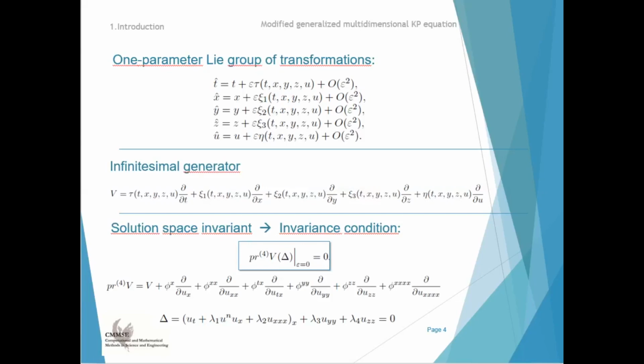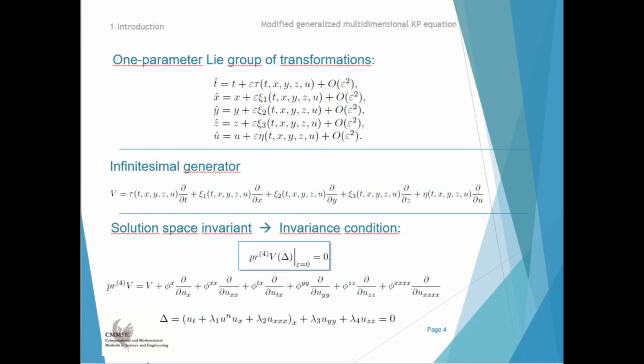We consider a one-parameter Lie group of infinitesimal transformations acting on independent and dependent variables, where epsilon is the group parameter and the functions tau, C1, C2, C3, and eta are the infinitesimals.